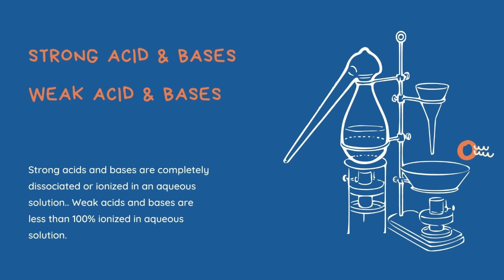And as we learned in acid-base materials, strong acids and bases are the ones that are completely dissociated or ionized in an aqueous solution, while weak acids and bases are less than 100% ionized in aqueous solution.